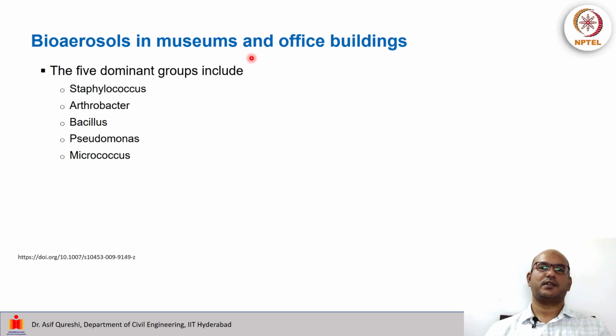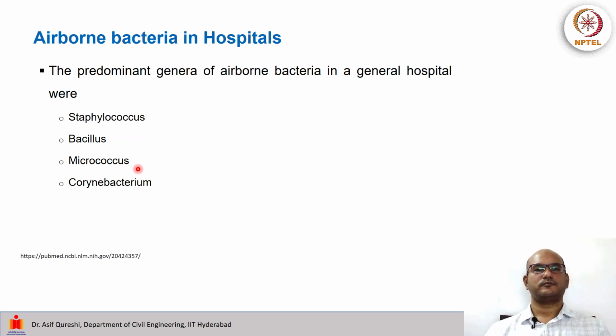In museums and office buildings, other groups have been found such as Staphylococcus, Arthrobacter, Bacillus, Pseudomonas, Micrococcus. In hospitals, again Staphylococcus has been found, Bacillus, Corynebacterium and Micrococcus. These are some of the common bacteria that have been found.